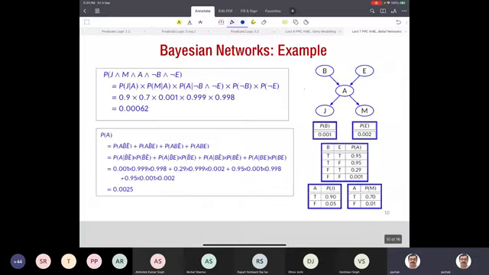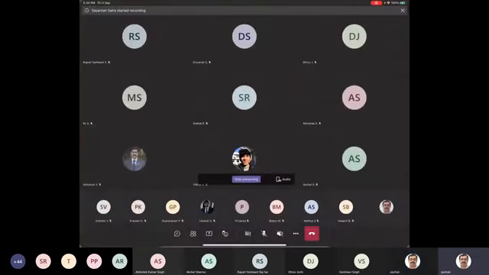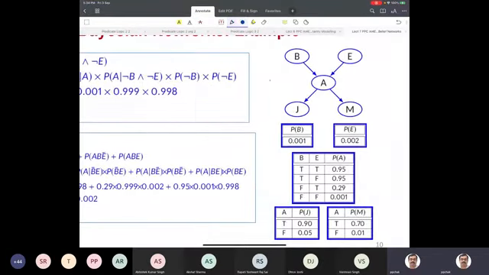So now let us come to another example. I have taken five variables, B, E, A, J, M, and the probability of B is 0.001, so the probability of not B is 0.999.